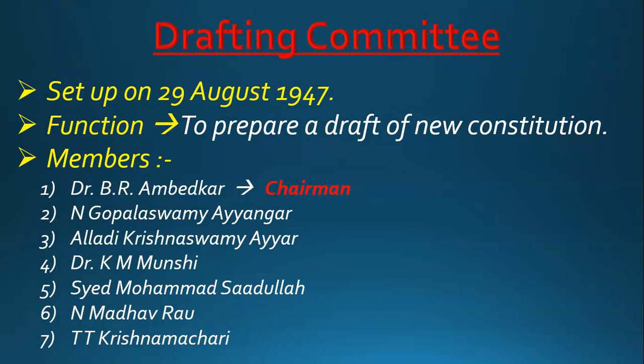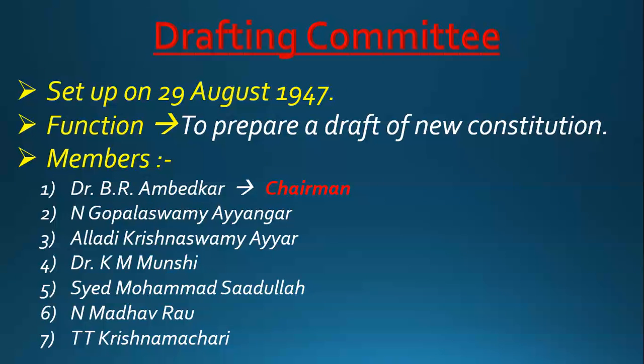Okay, now friends, how they made the constitution, means how they made the draft of the constitution. These members studied many constitutions across the world. I think they studied more than 60 constitutions of the world.